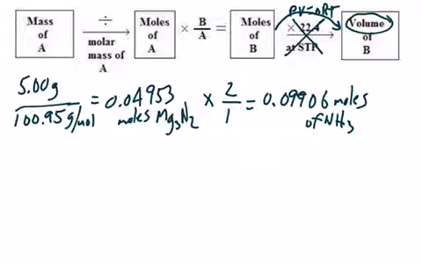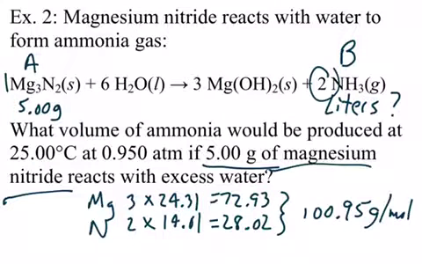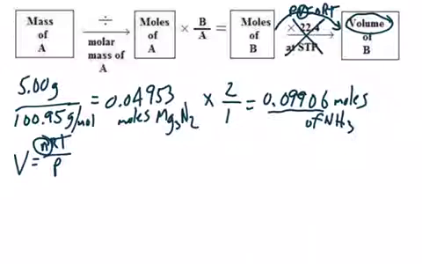The only thing we're missing is V. So if you rearrange that equation and you put V is equal to nRT over P, we have everything we need. You see, this number right here, the moles, is n. And then if you looked back, they gave us the pressure in atm, and we're going to have to convert the temperature to Kelvin.